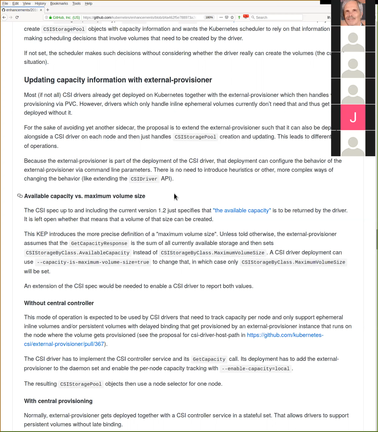Right, and so that I think is the concern, because the size that Kubernetes requests may not be the actual size that the underlying storage system ends up using. If I request a 1 gig volume, the storage system may end up consuming 3 gigs to give me that 1 gig volume, eating up more of the actual capacity than expected.